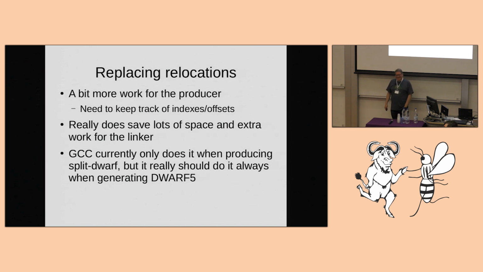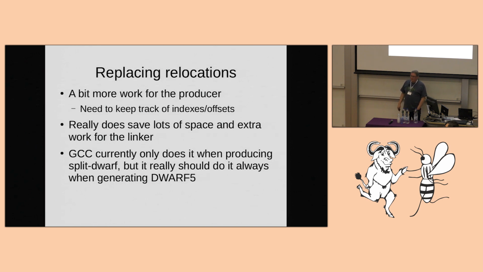Until then, it maybe should be another GDWARF option so that users can select: do I care about relocatable objects most? For stuff like the Linux kernel, yes, I do, because that's how I ship the stuff. Then yes, turn it on.